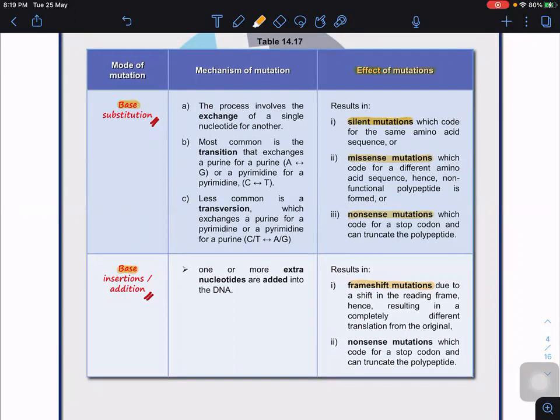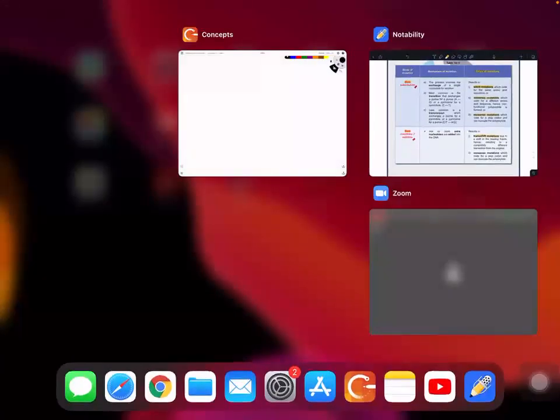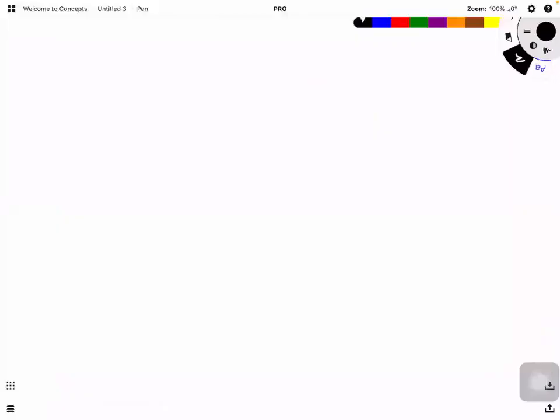So what are the differences here? Let us look at the detail, because this you need to know. First I start with silent mutation. What does silent mutation mean? Silent mutation is only caused by base substitution. It must be base substitution.